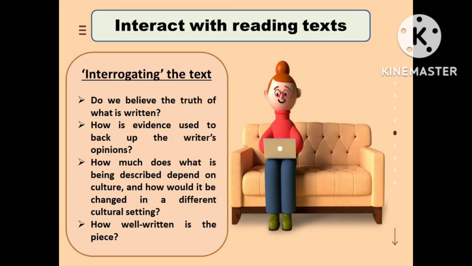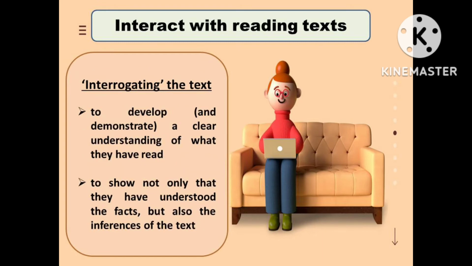How well written is the piece? Such critical interpretation forces students to develop a clear understanding of what they have read. So they need to show not only that they have understood the facts, but also the inferences of the text. But of course, it is much easier for higher level students to interact with text in this way.